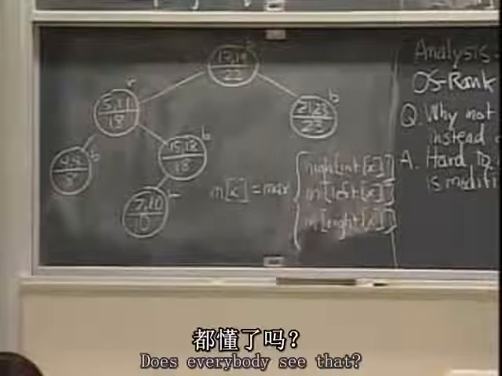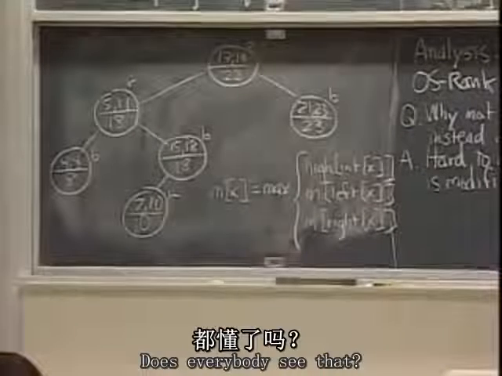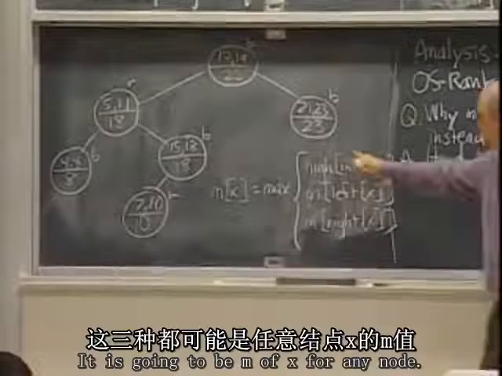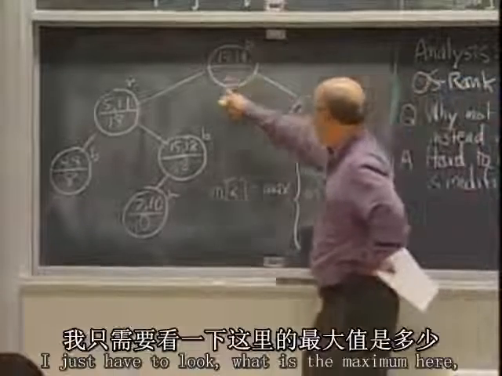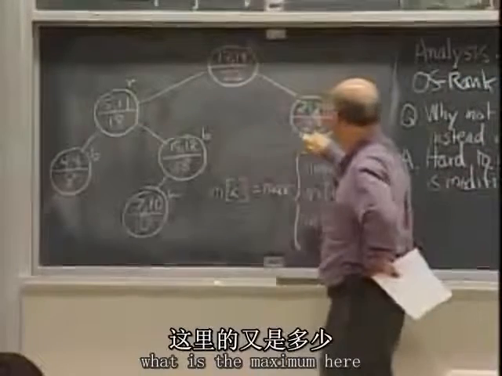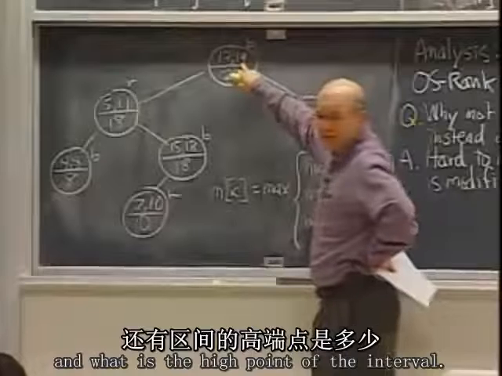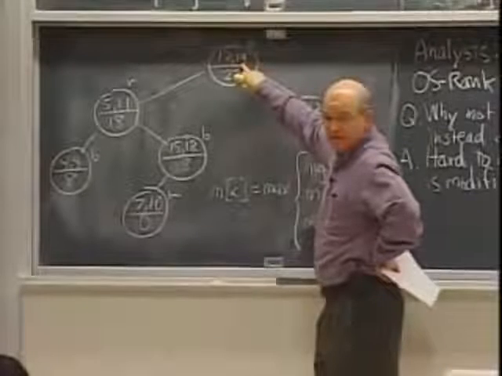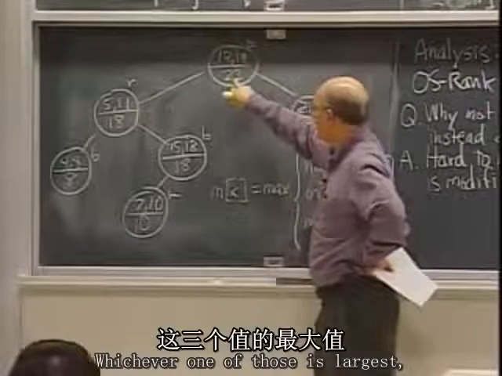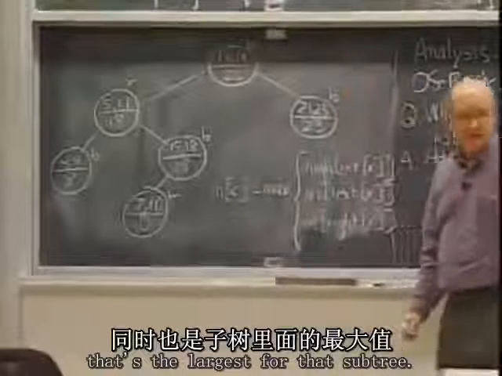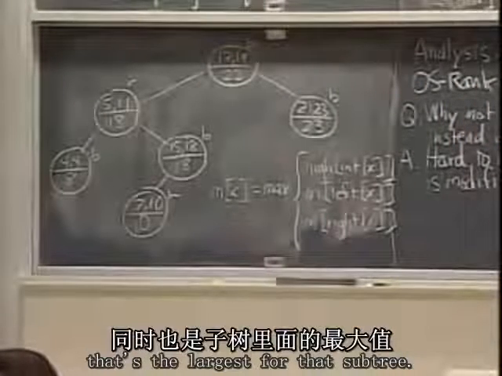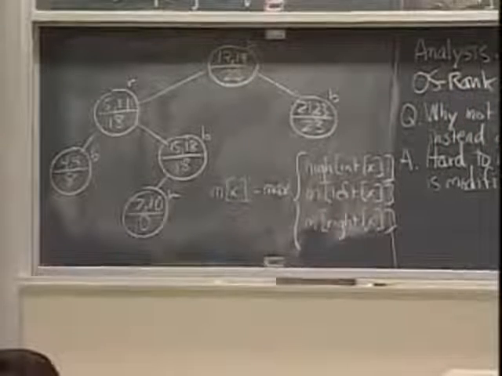Does everybody see that? So it's going to be the M of x. For any node, I just have to look at what's the maximum here, what's the maximum here, and what's the high point of the interval. Whichever one of those is largest, that's the largest for that subtree.